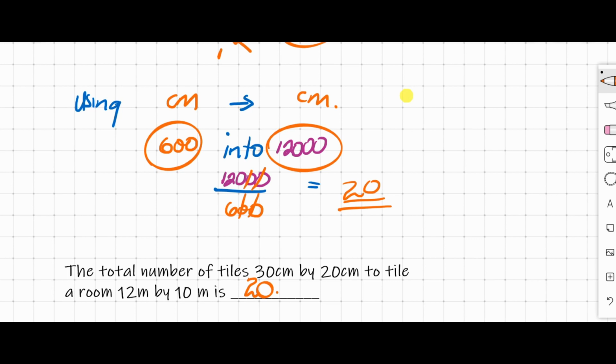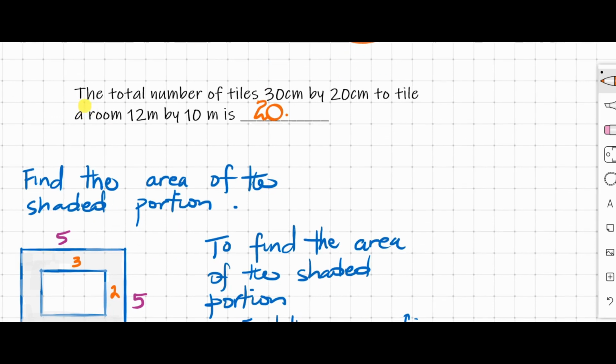Dividing by 100 top and bottom gives the same setup, 120 divided by 6, which is 20. Therefore, the total number of 30 by 20 centimeter tiles needed to tile a room 12 meters by 10 is 20.